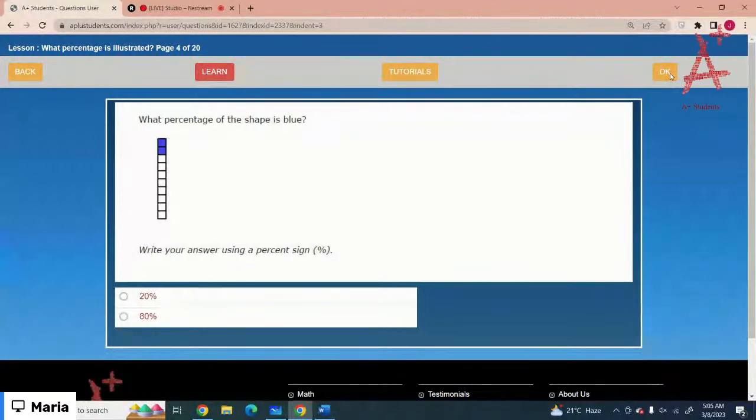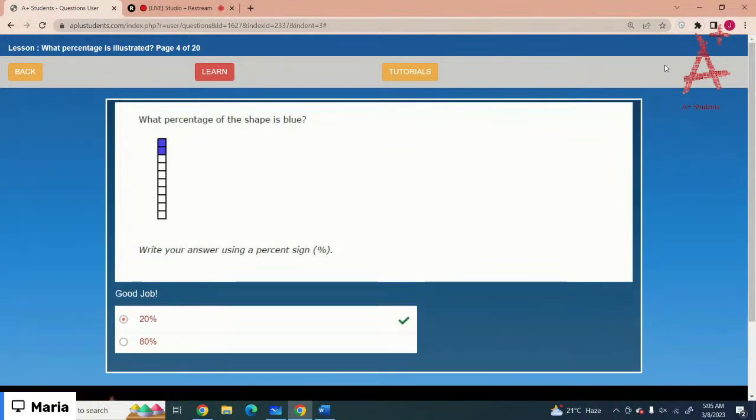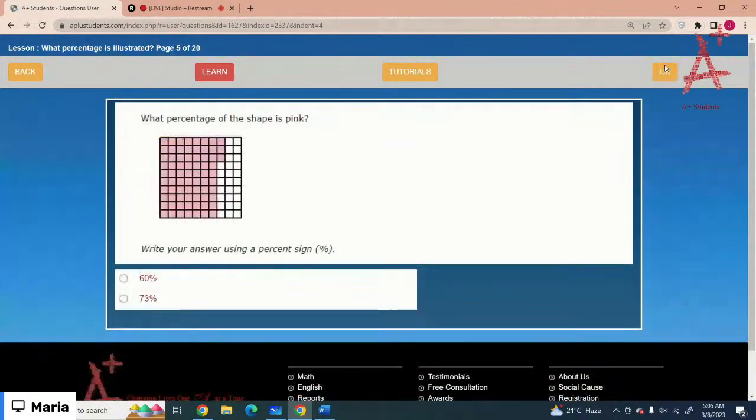What percentage of the shape is blue? Yes, just 20% of the shape is blue, so the correct option is 20%. What percent of the shape is pink? 60% or 73%?